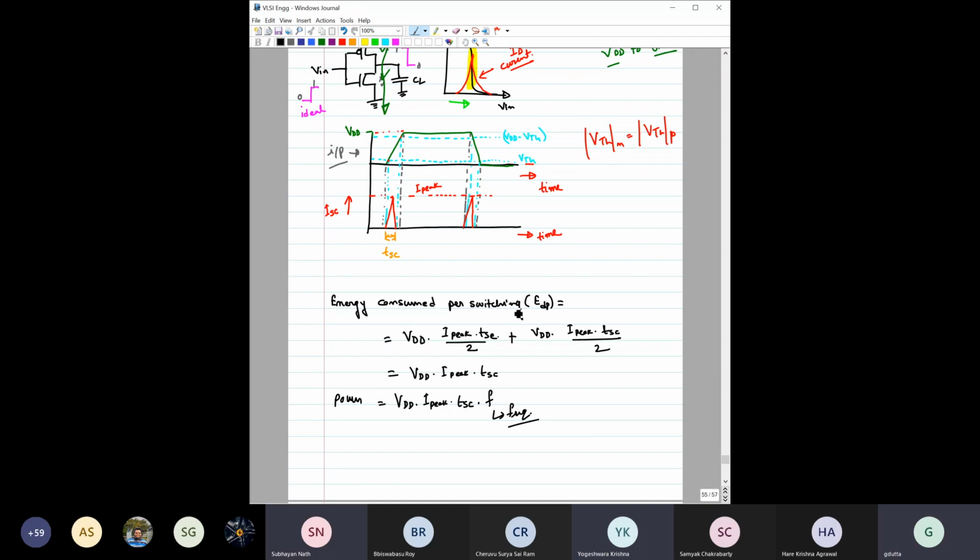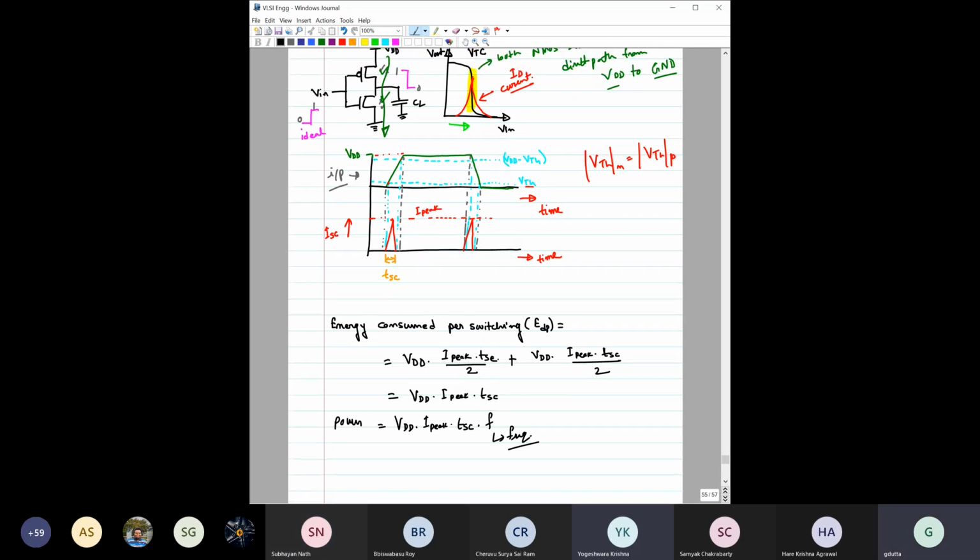So you asked for the full form of TSC. It is not time for switching. You can say it is the time when both the transistors are on, during this period only.